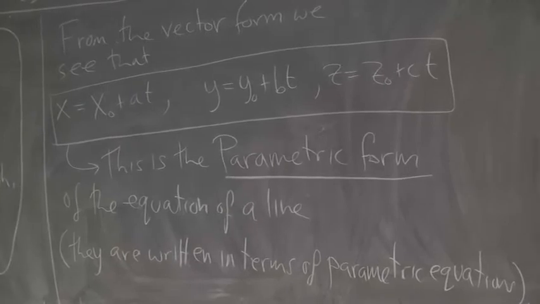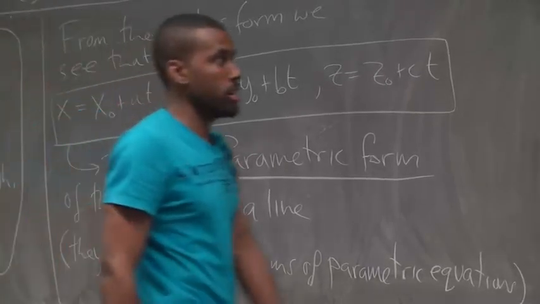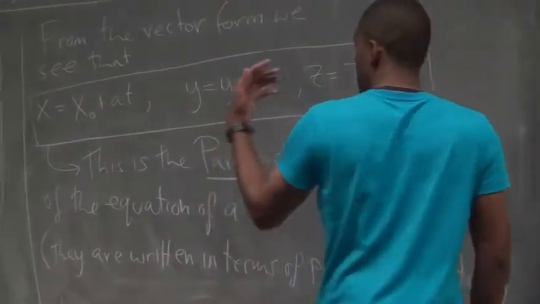That's called the parametric form. So we already have two forms for our line. There's the vector form, and there's the parametric form.